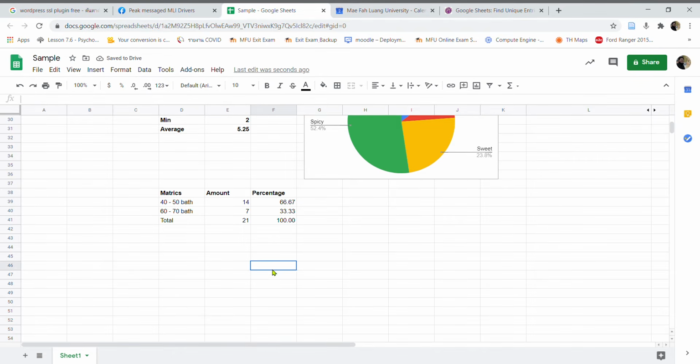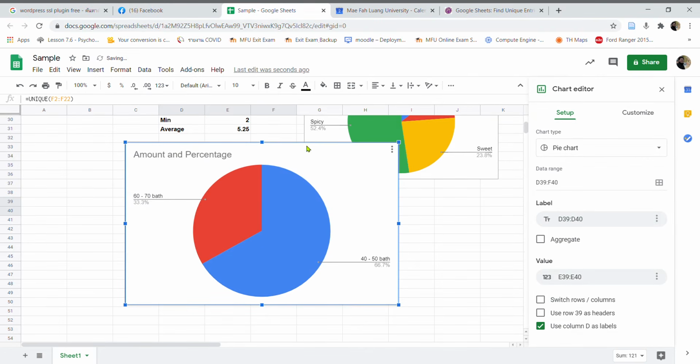Now I'm going to make a chart of this. I can make a chart like that, only two lines because we have only those. Then you can insert a chart. Now you can see that.